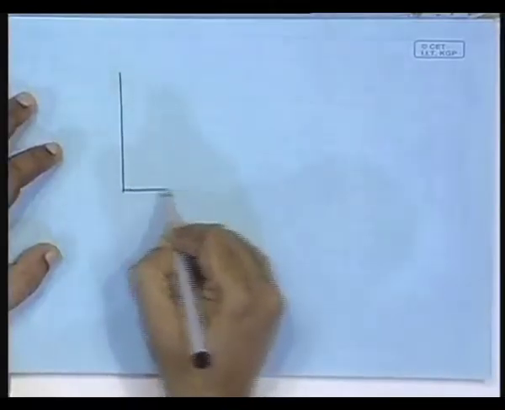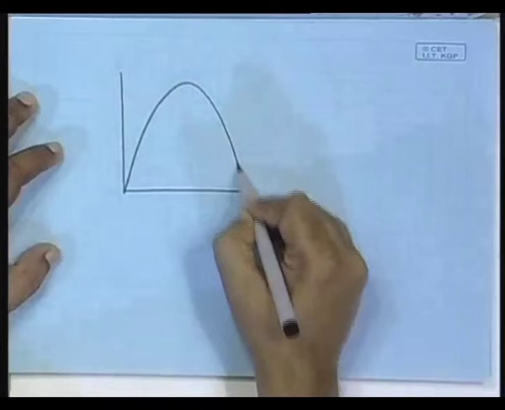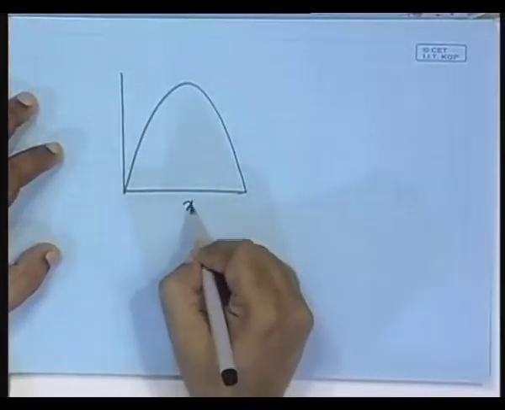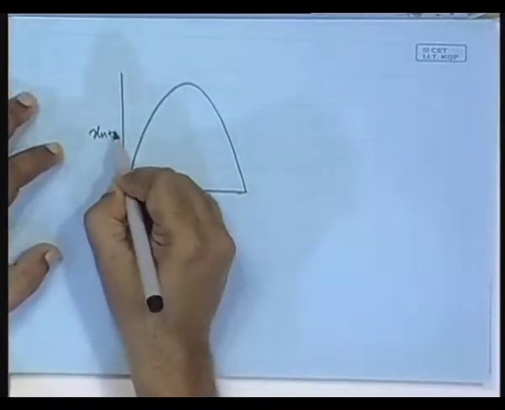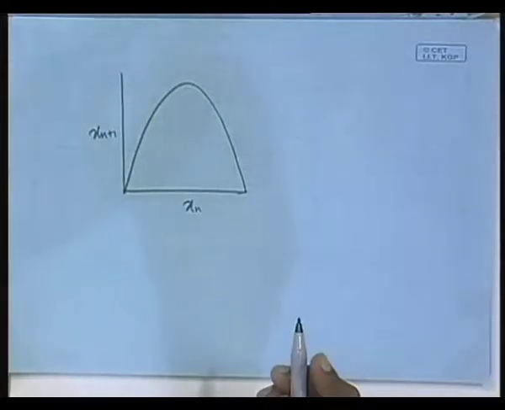In order to understand that properly, what created chaos in case of the logistic map? See, in order to have chaos, you have to have sensitive dependence on initial condition. What causes sensitive dependence on initial condition in the logistic map? See, logistic map, let us draw, it was like so, x_n versus x_n+1. What created the sensitive dependence?